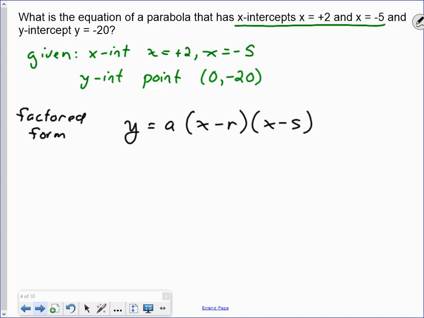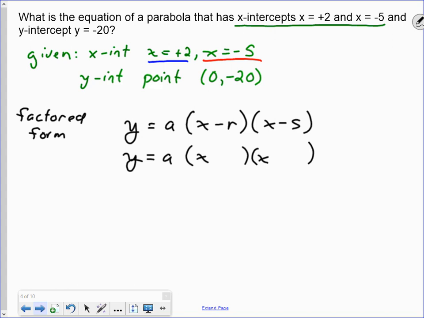Now, I know that my x-intercepts have to be x equals positive 2 and x equals negative 5. What does this equation have to look like so that those are my two x-intercepts?